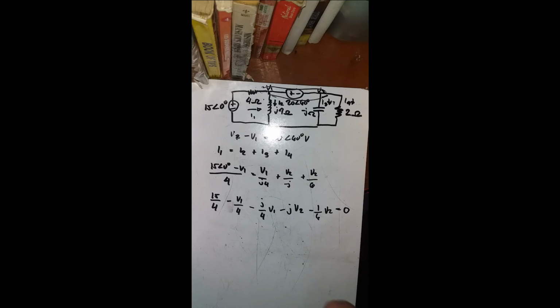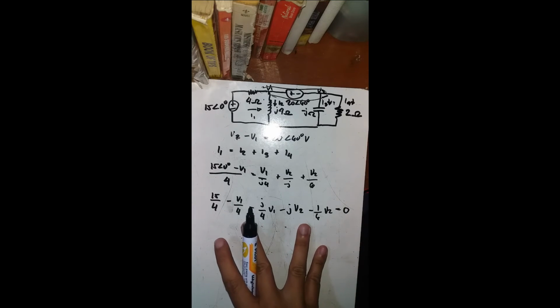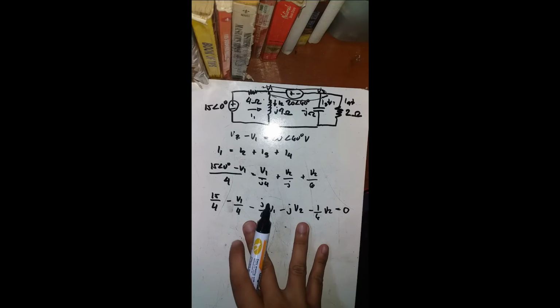From here, I will move the term that doesn't have V1 or V2 to the other side, and I will transform this into polar form.